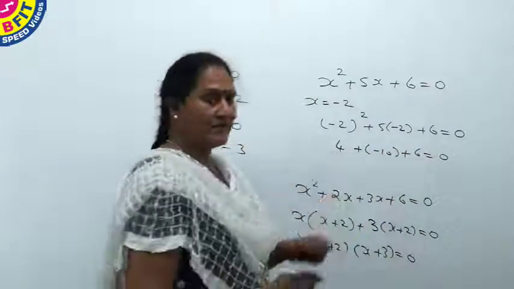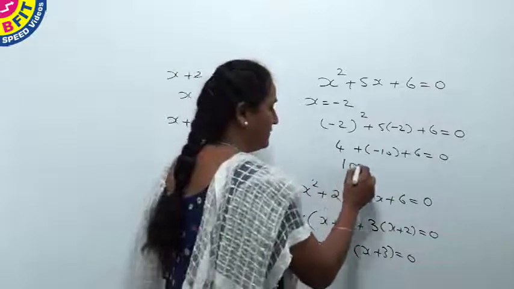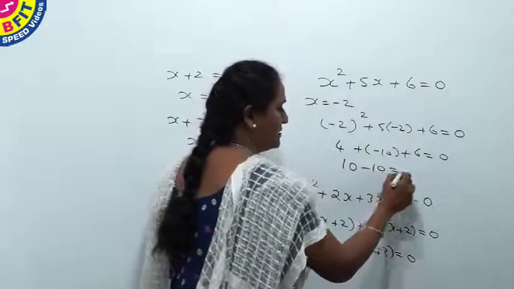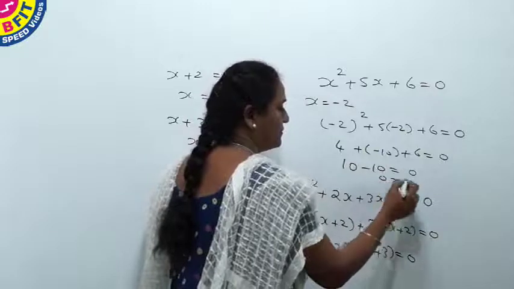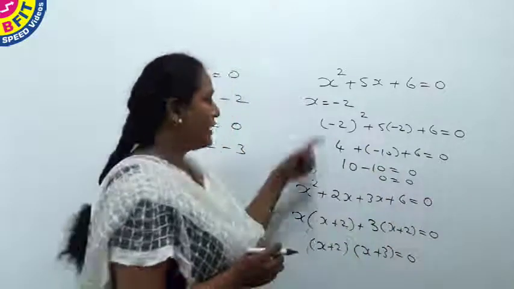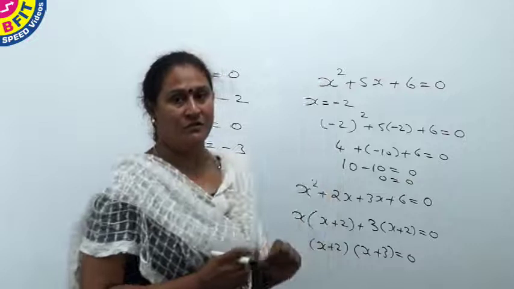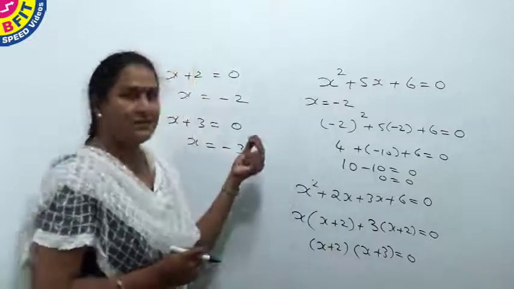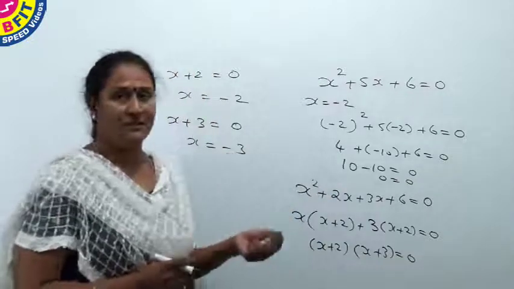So 4 plus 6 is 10, and 10 minus 10 is 0. So the equation is satisfied. So x equal to minus 2 is a solution of this equation. The same way we will check for x equal to minus 3.